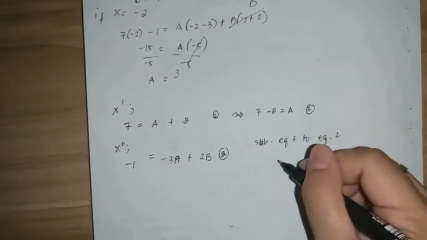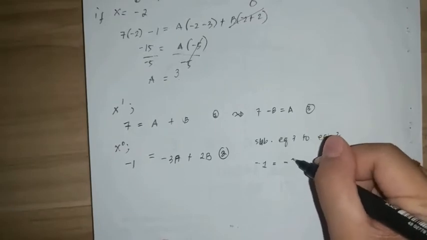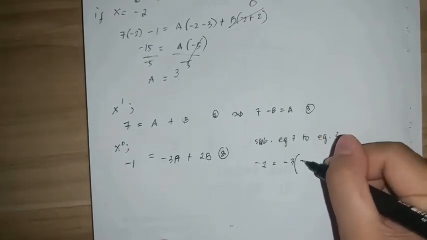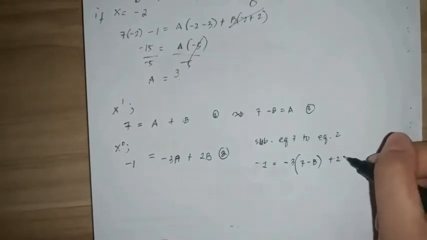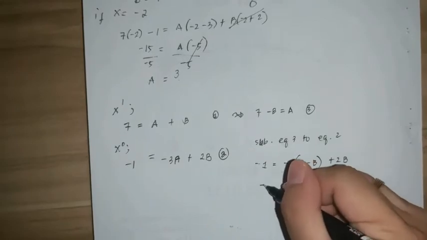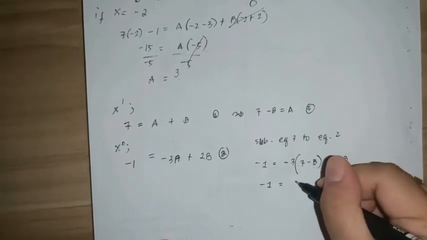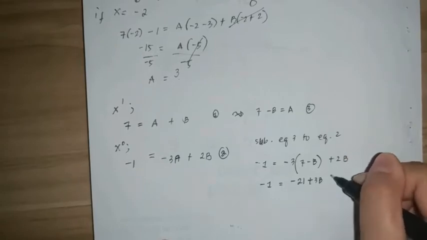So we have negative 1 is equal to negative 3 times 7 minus b, plus 2b. Okay, we will get negative 1 is equal to negative 21 plus 3b plus 2b.